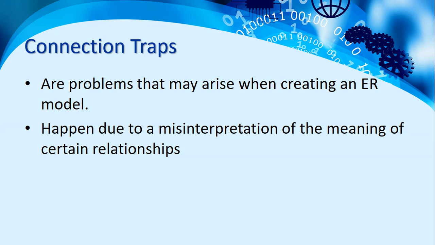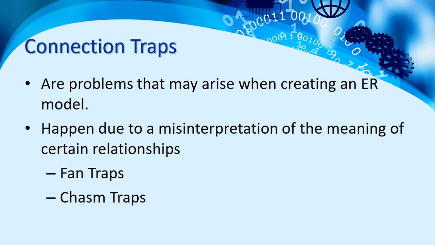In the connection traps, we have two types. First is the fan trap, and the second is the chasm trap. These two are the main problems that we can encounter whenever we're creating an ER model.